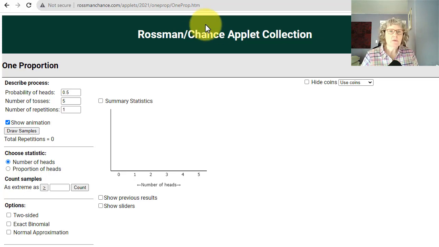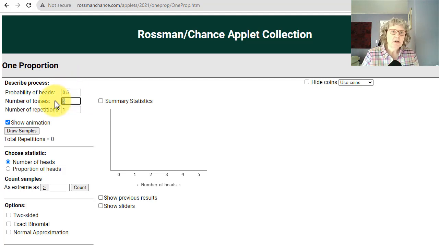So here is the Rossman Chance one proportion applet. And remember when we did the coins? I'll do the coin toss again. 50-50, we're saying that our baseline assumption is that there's no difference, that people are just randomly choosing a word with a shape, and so it's a 50-50 guess.